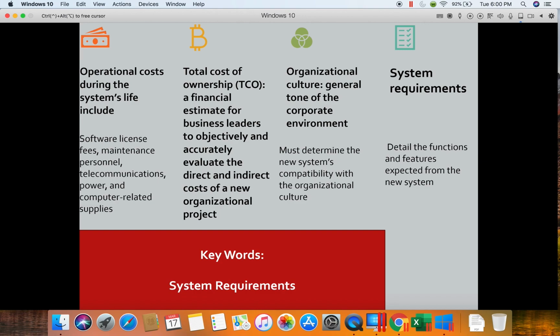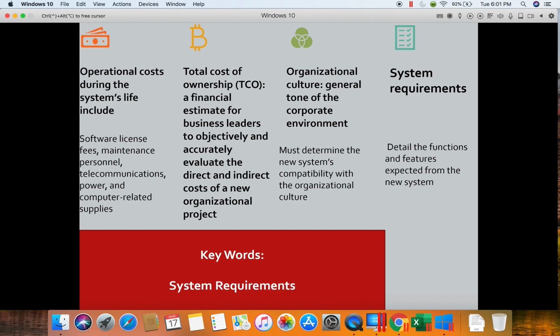There could be power issues or maybe issues with connecting to the internet. All of these things have to be addressed as operational costs. The total cost of ownership must be considered because we have to look at not only the cost of buying it and implementing it, but the cost of keeping it up to date and running.